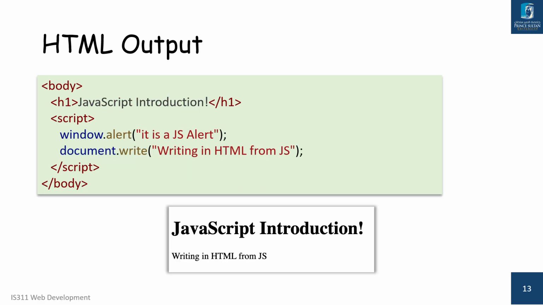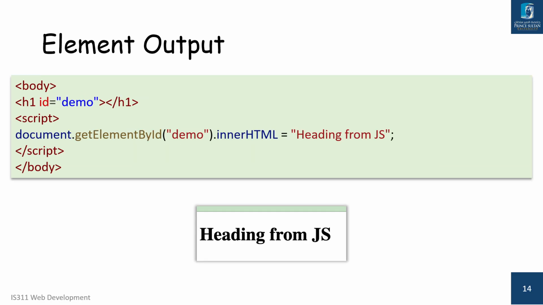Okay. Then we also have this one. When you write document.write, that means that we are writing inside the HTML document and it will be visible to the user inside the browser. And similarly, when we say getElementById, we are trying to show the inner element. We are saying get the element whose ID is demo and then innerHTML.